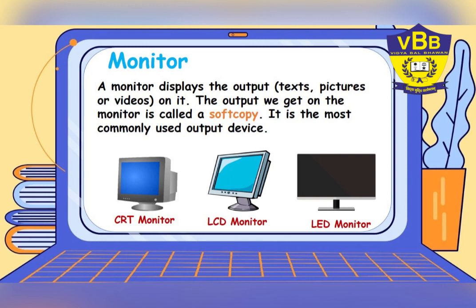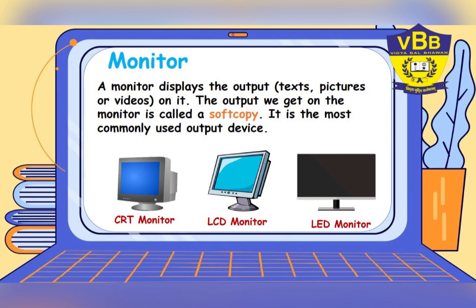CRT stands for cathode ray tube monitor. LCD stands for liquid crystal display monitor. LED is light emitting diode monitor. These monitors consume different amounts of electricity, and they differ in price as well as in picture quality.